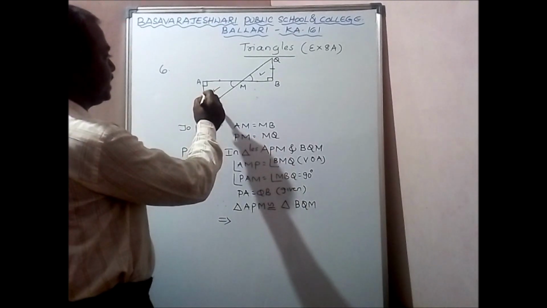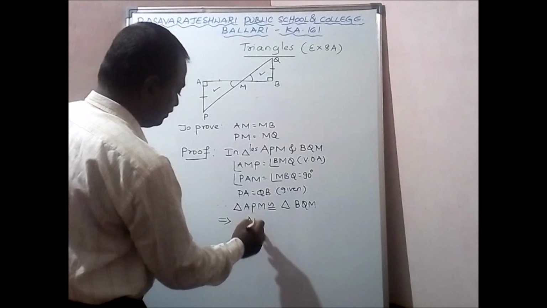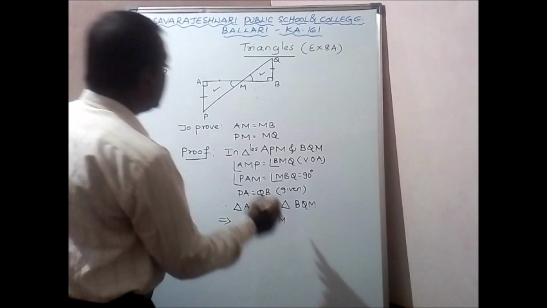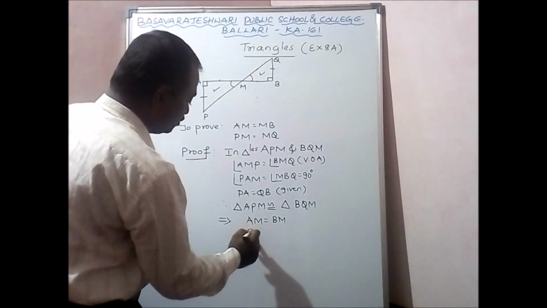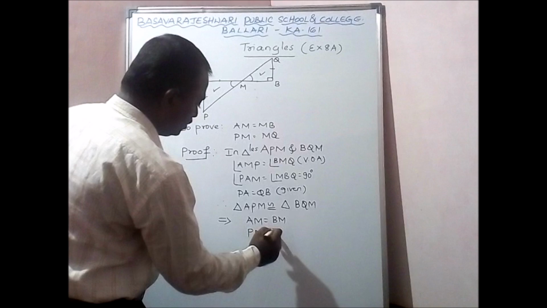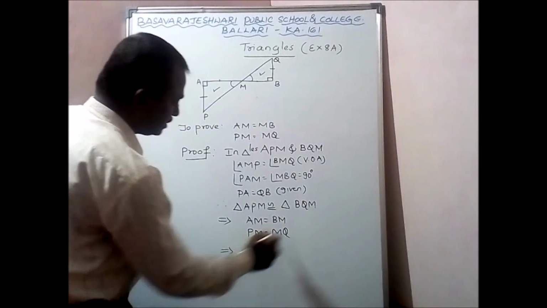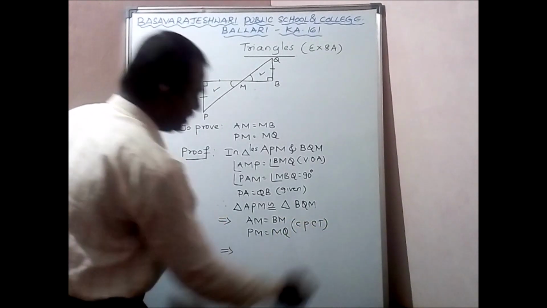Now what are the corresponding sides? AM is equal to BM, and one more, PM is equal to MQ. This we can say by CPCT, corresponding parts of congruent triangles.